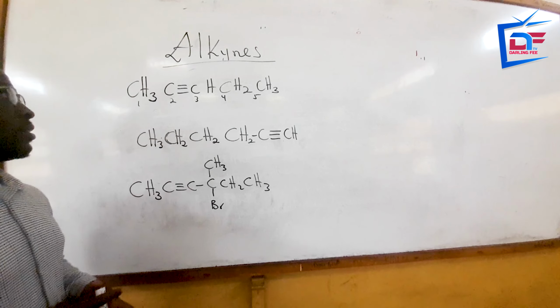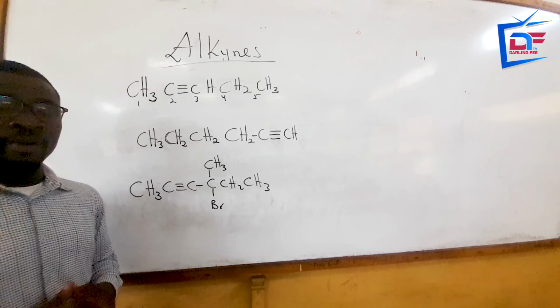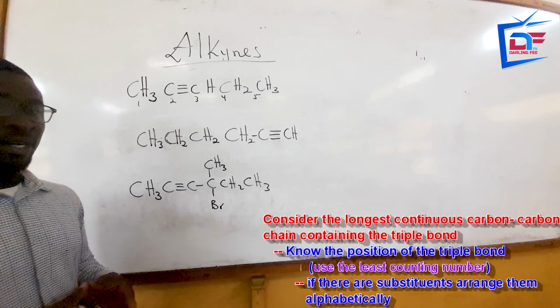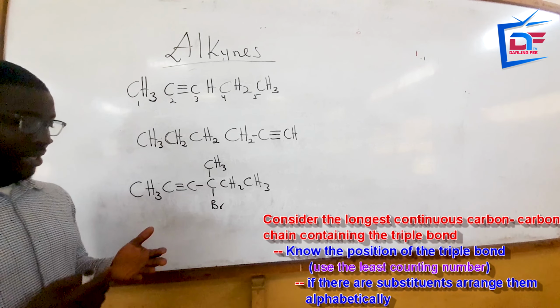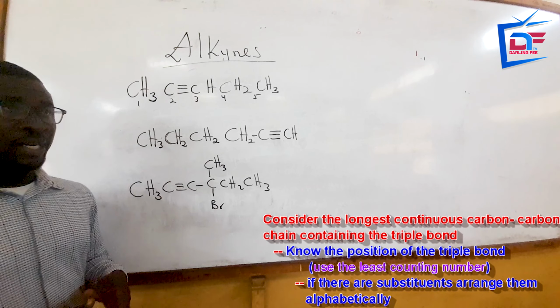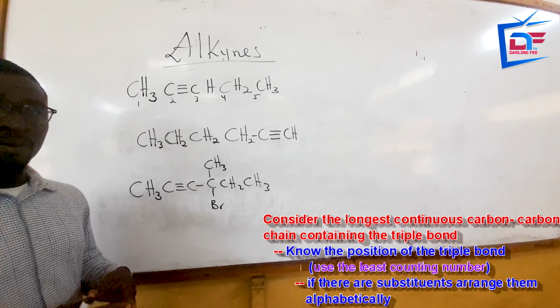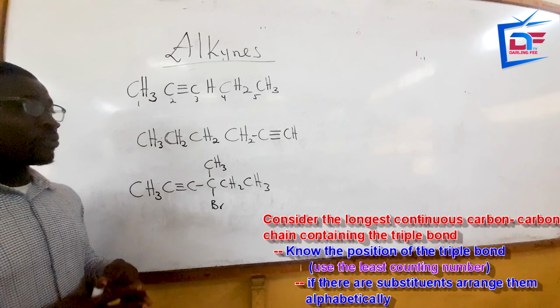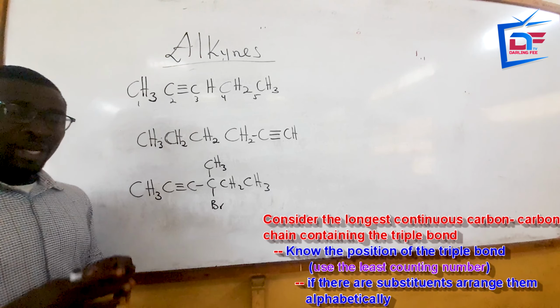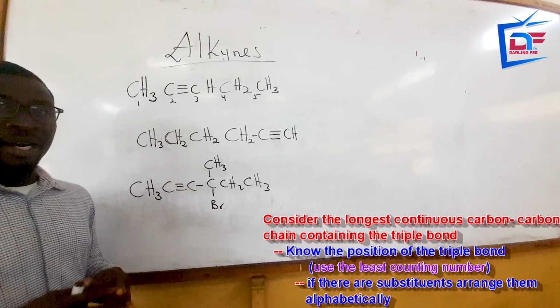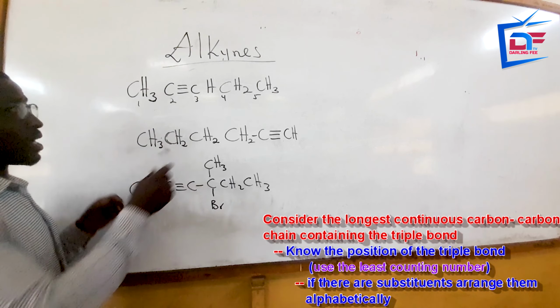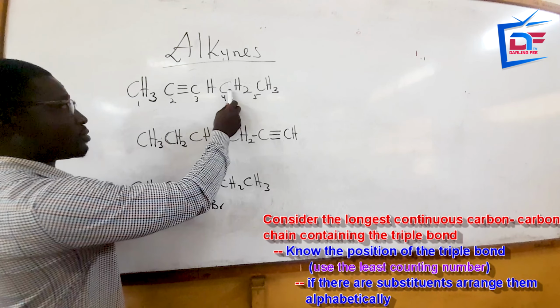So with the naming of alkynes, we are still going to go with the rules that we started with for alkenes. And the rule says that we are to consider the longest continuous carbon-to-carbon chain containing the triple bond. We have to look at the least counting number as well. So with this one, we cannot start counting from here, 1, 2, 3.